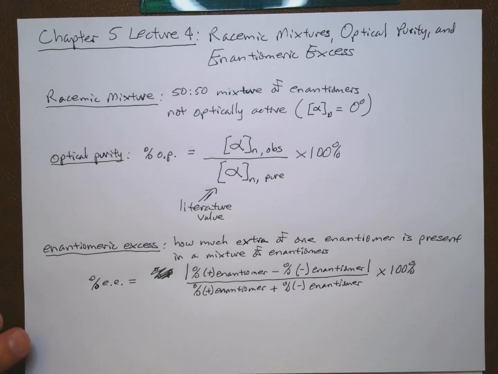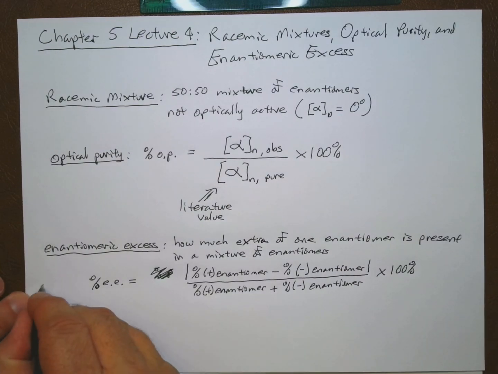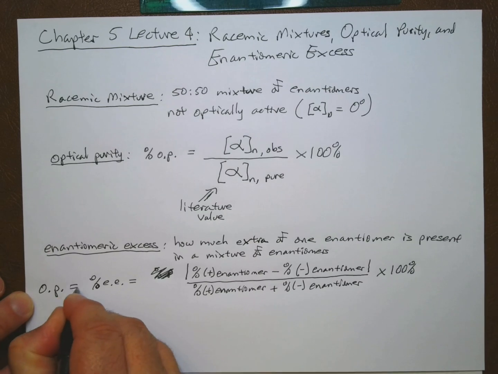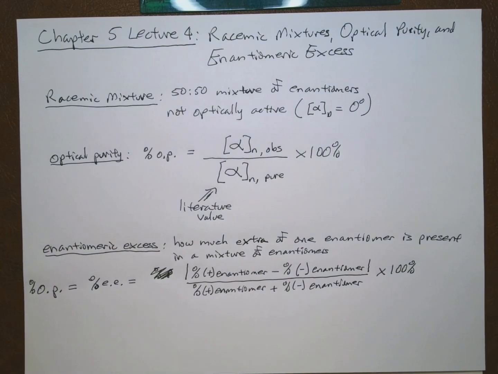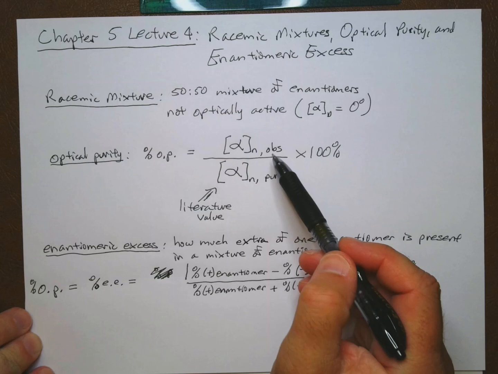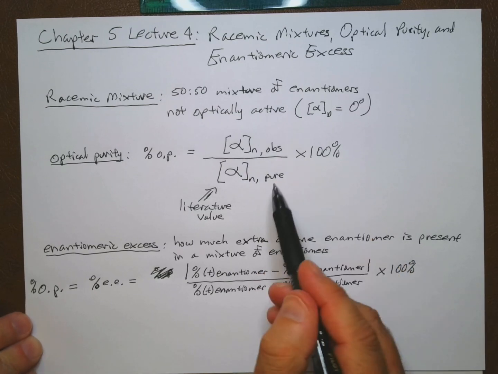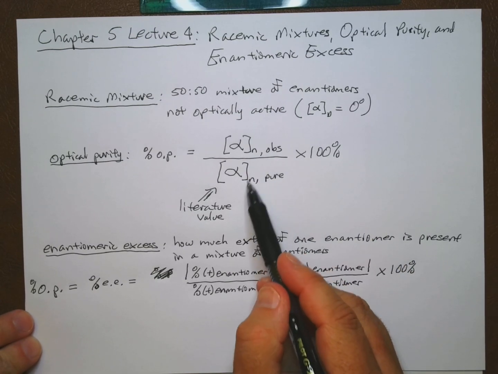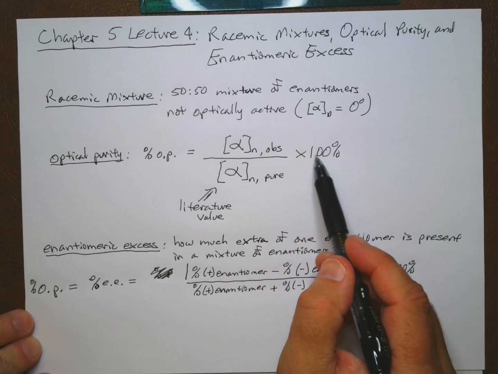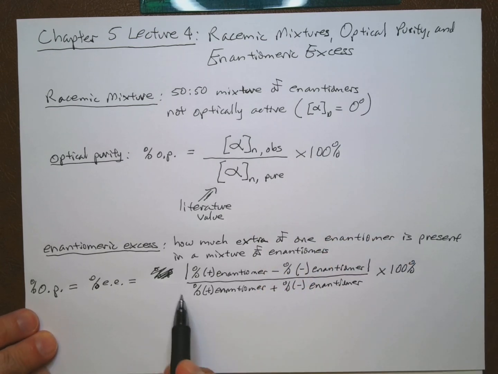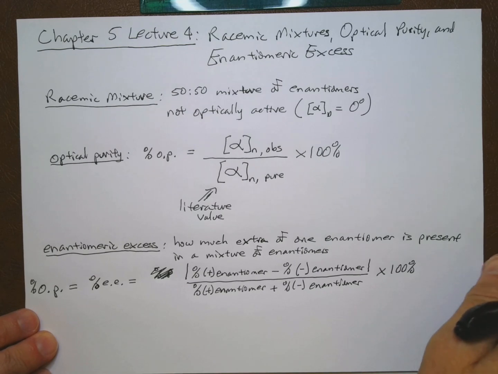And one thing that's important to realize is that percent optical purity equals our percent enantiomeric excess. So you would measure an observed rotation, compare it to the literature value for the pure specific rotation, and convert that to a percentage. And then that's your enantiomeric excess.